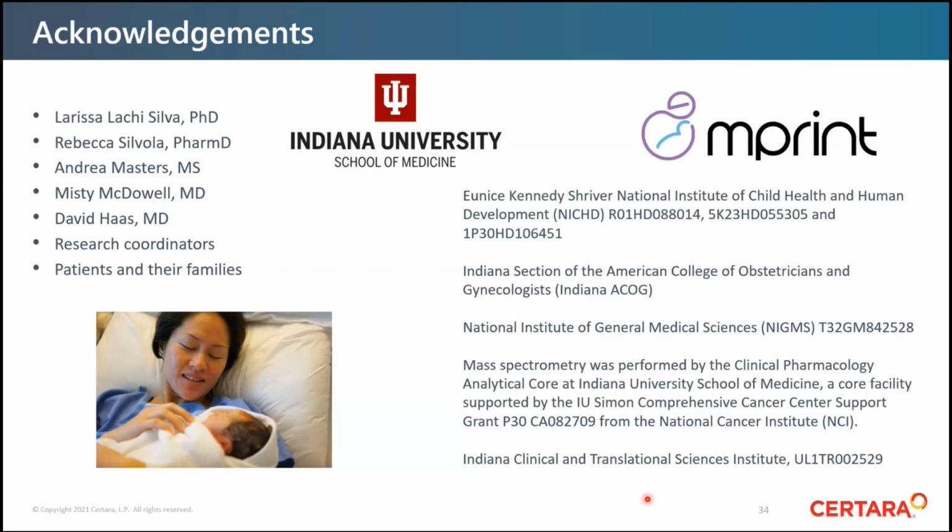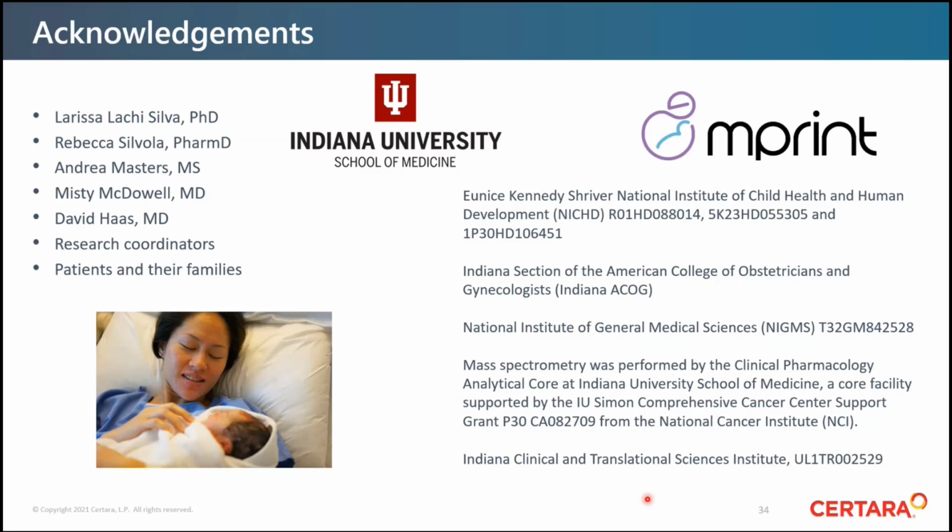With that, I would like to acknowledge those who've made this work possible, including my fellows, Larissa Lockie-Silva and Rebecca Silvola, who were instrumental in the manuscript that I was discussing today on reproducibility. Andrea Masters runs our clinical pharmacology analytical core lab.